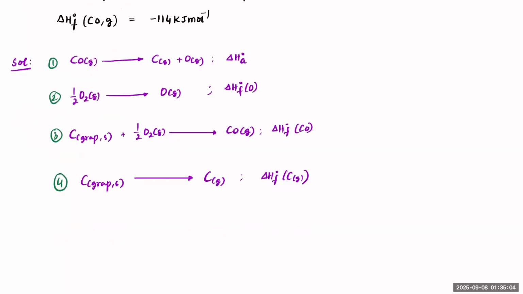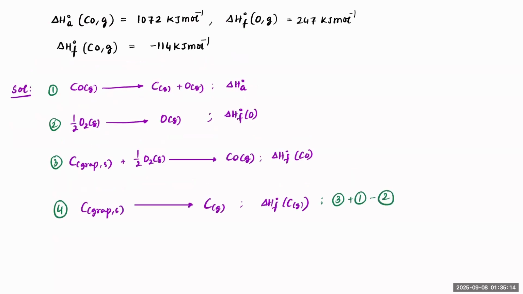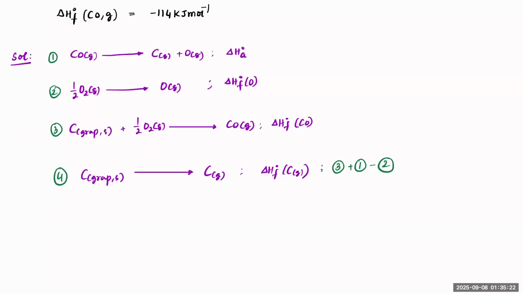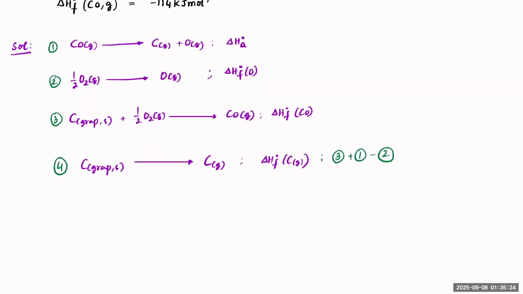Which means I need to take 3, add 1 and subtract 2. That's the best bet we can do. Correct? Notice everybody, so that way things will get cancelled very easily, and the equation will be what we desire.